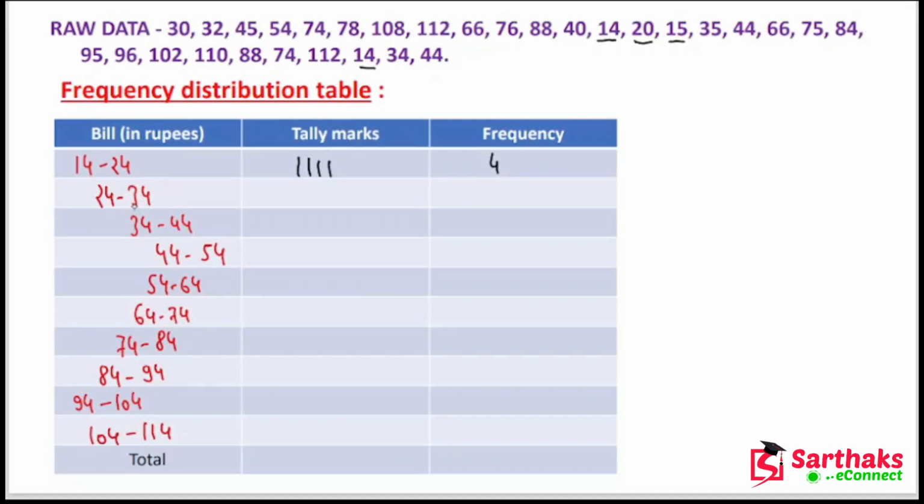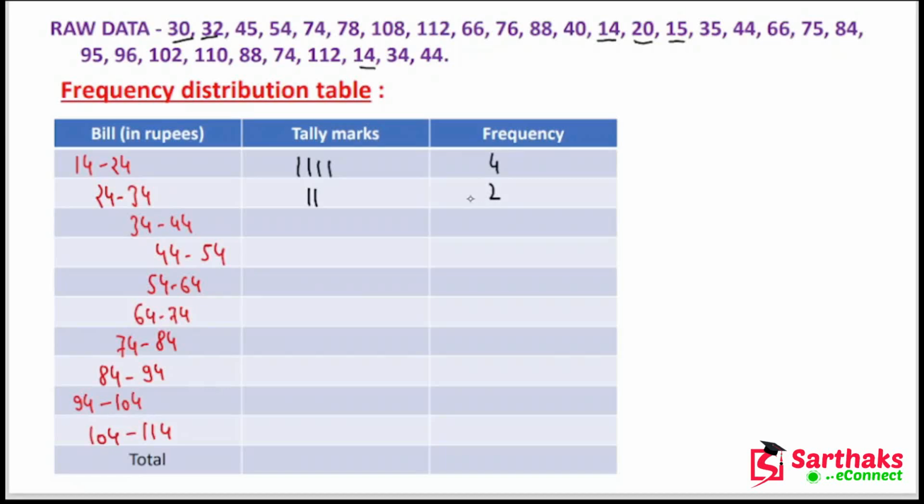Then we should see from 24 to 34. 34 will not be included. We have only 2 entries, so the frequency is 2.